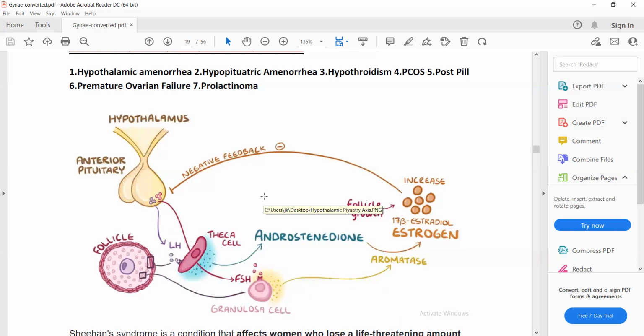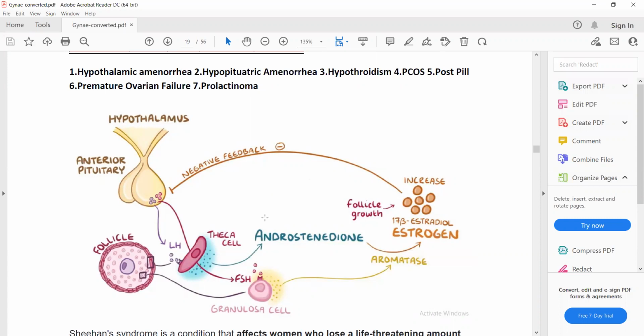But in polycystic ovarian syndrome, the basic abnormality is a genetic defect, which leads to excessive production of LH by the pituitary gland. This excessive LH will produce excessive androgen such as androstenedione.